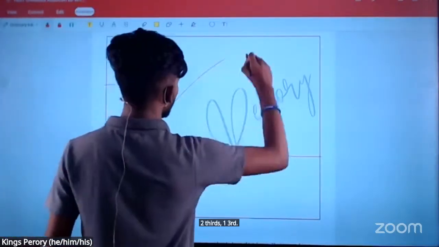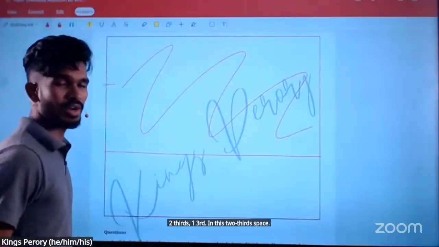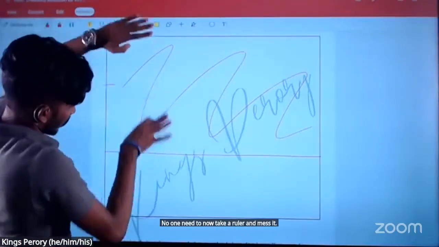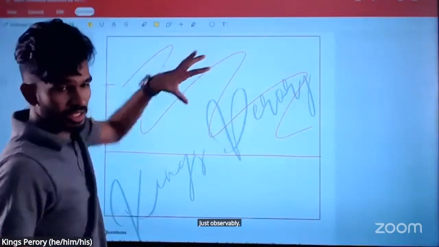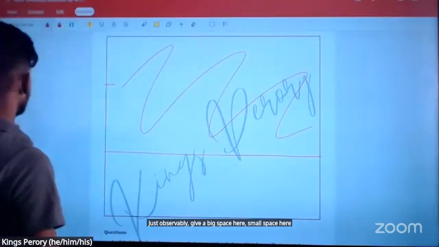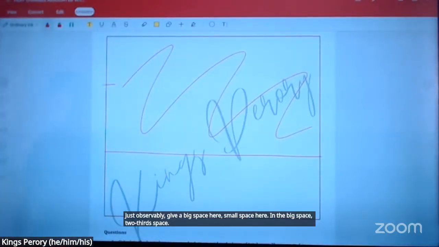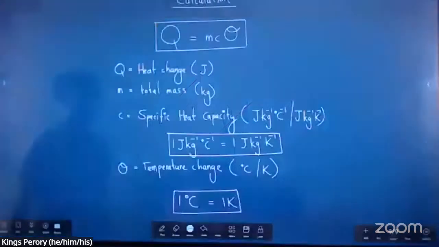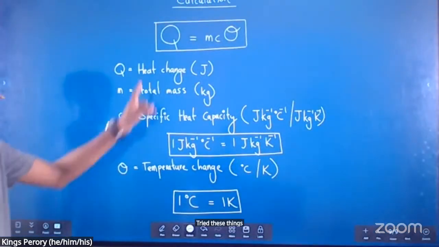In this space, no need to take a ruler and measure it. Just observably give a big space here, small space here. In the big space, 2/3 space, write these things: U equals mc theta.